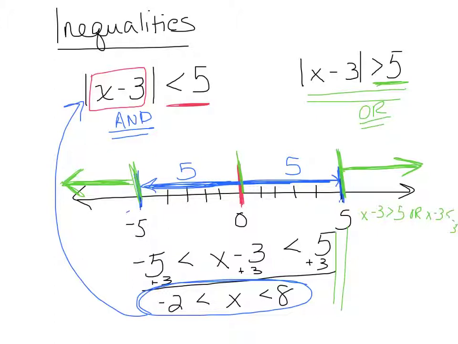Once again, it's going to take this and have it be a +5 or a -5. So here I'm looking at what are the values that are larger than 5. Here, if I look what I have shaded, it's going to be less than -5. So what that means is that if I add 3, x has to be greater than 8, or if I add 3, x has to be less than -2.